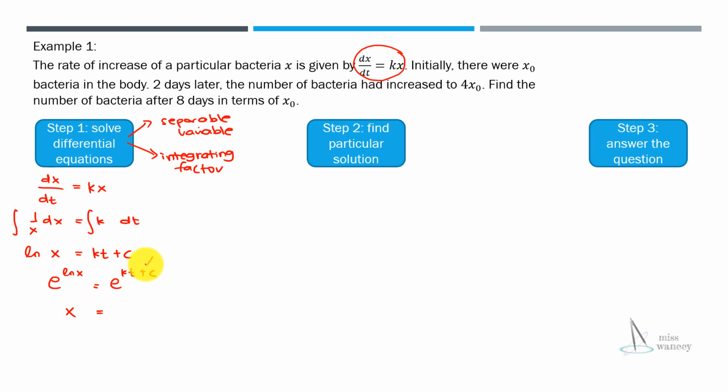Since I have a plus over here, I can separate them into 2: e to the power of kt multiplied with e to the power of c. And then I can let a equal to e to the power of c. Therefore, I can simply write this down as a e to the kt. So x equal to a e to the kt.